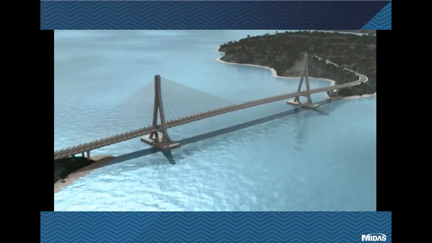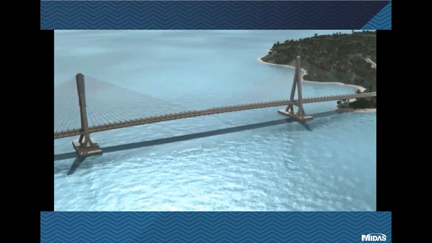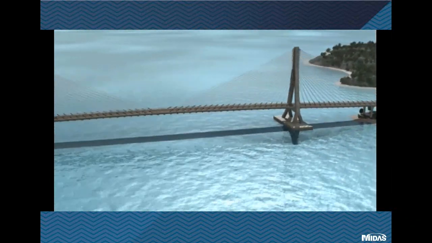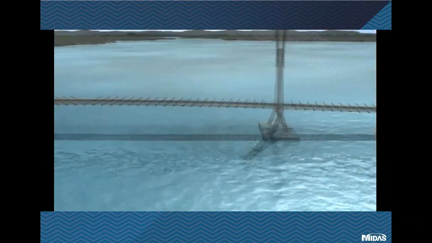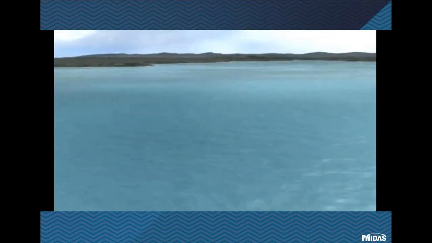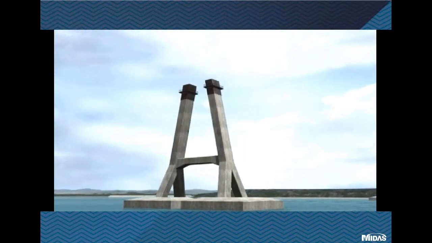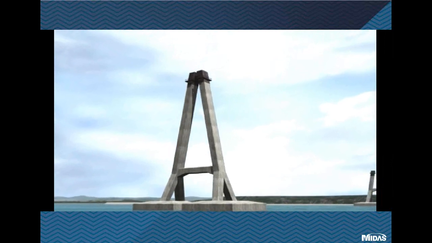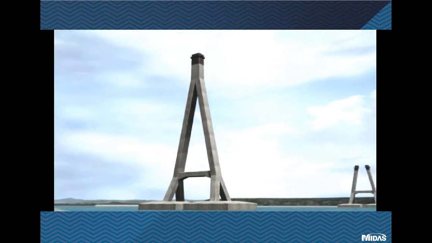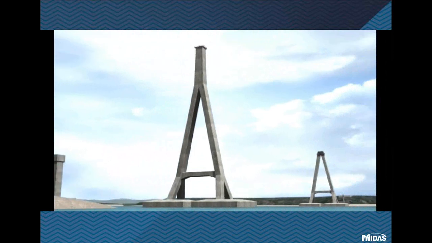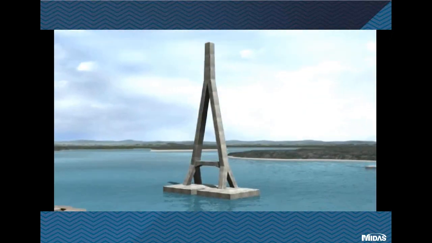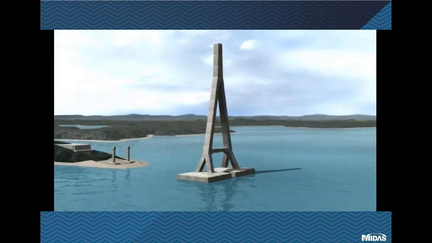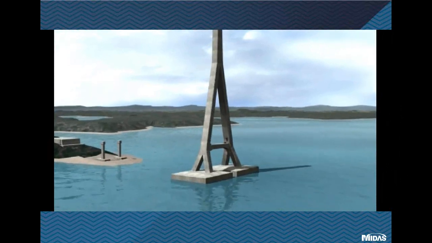Please see here a movie showing the construction method proposed for Balang Bridge. This is the pylon construction by climbing form. The pylon is 112 meters high from the top of pile cap level. You may see also here the intermediate piers.